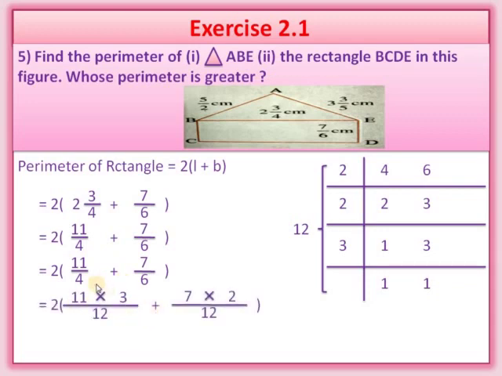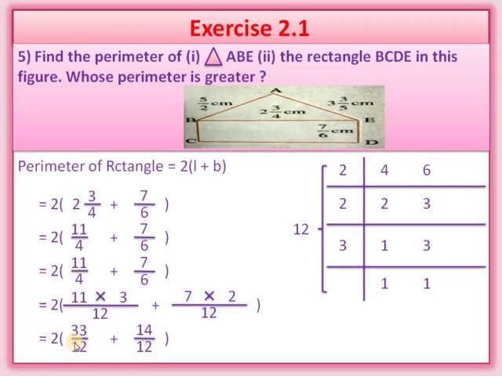By mistake I have written this step 2 times. There is no need, beta. Please erase it. Okay. Now 33 upon 12 plus 14 upon 12.